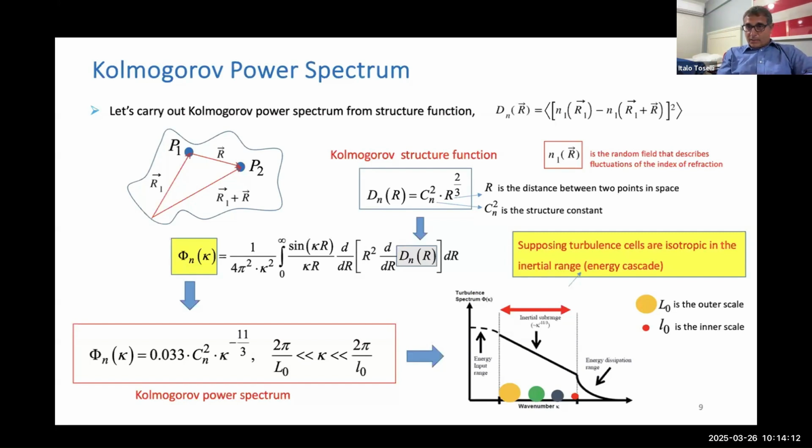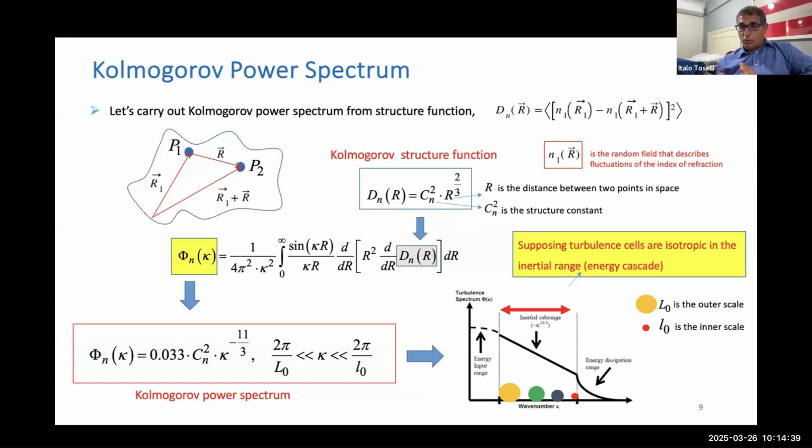To be more specific, the structure function is basically a squared difference at two different points. You average over many realizations. The higher the number, the better, usually 100, 500, 1000. And when you construct your structure function, because you do it for several distances r, you are able also to calculate the power spectrum.